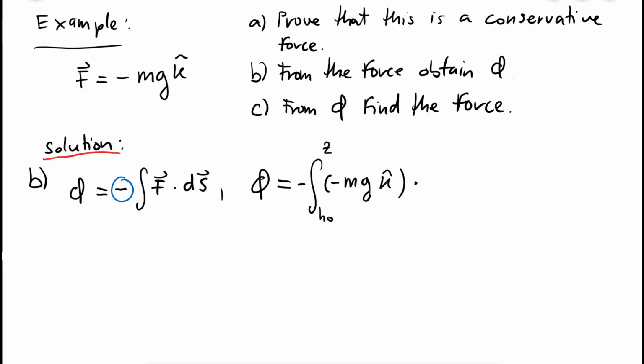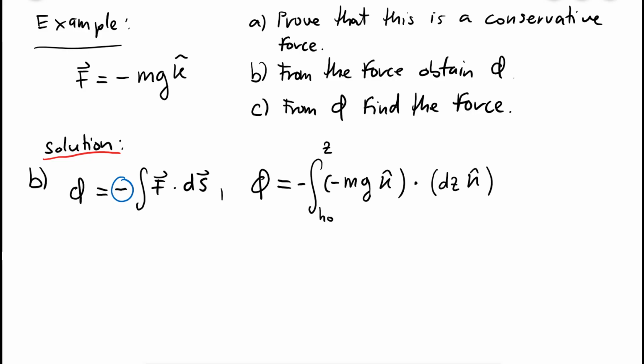And I must dot product it with the path, and the path I'm going to take is upwards. So any displacement upwards, or in the upward-downward direction, will be labeled by a dz in the k direction. Now this displacement can be positive or negative.